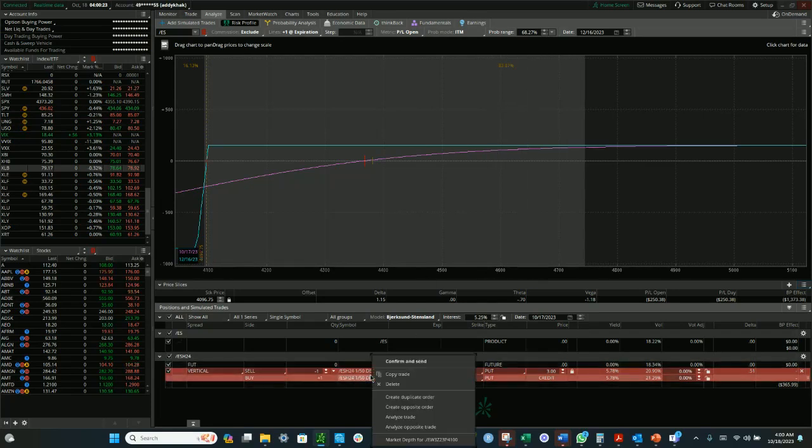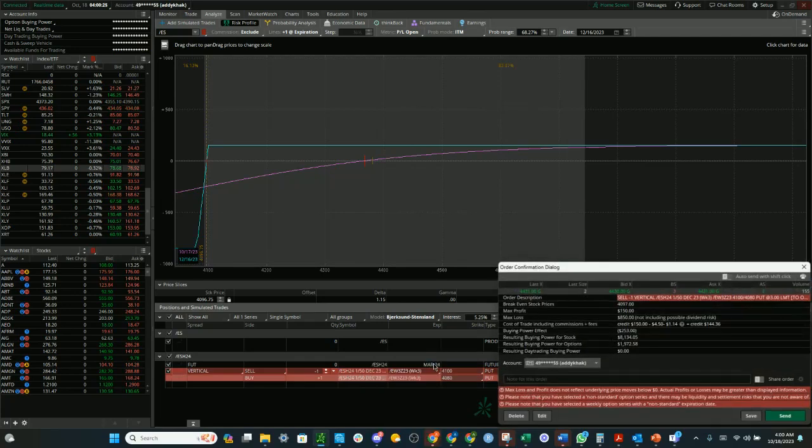When you collect $3 on ES, now look at the ticket. You are collecting 150. You see this buying power effect? The further you go out in time, the lower buying power it is for you. It's even lower than 350. So time means your buying power is lower, and you collect more money. It's 150.